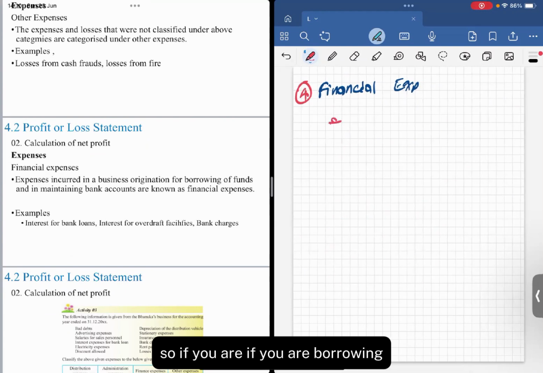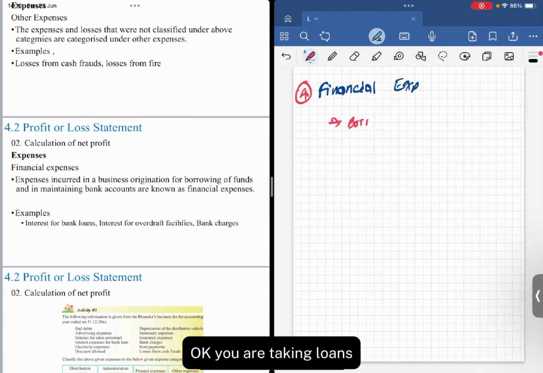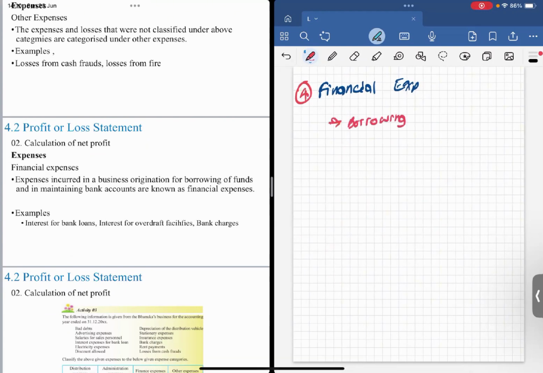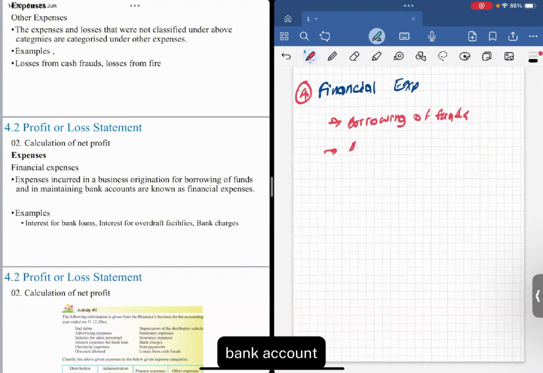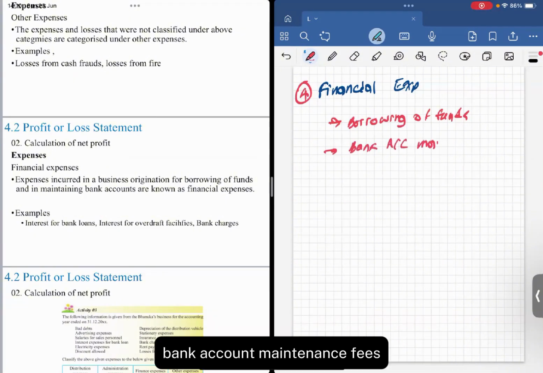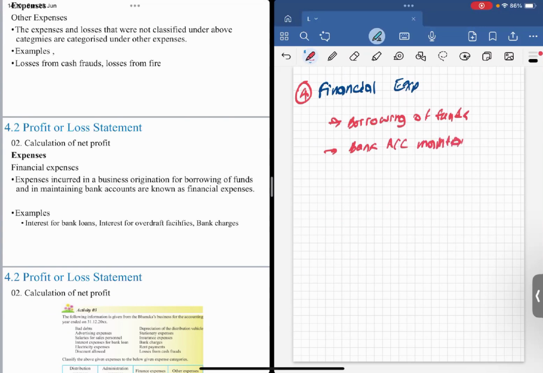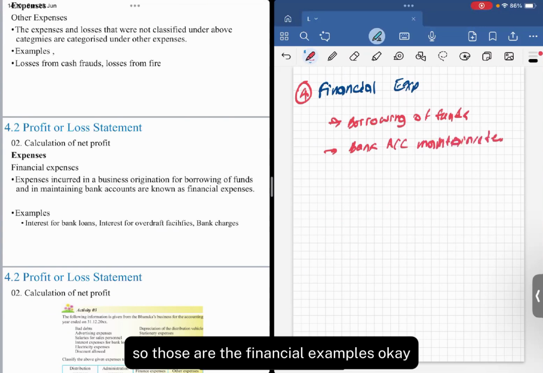So if you are borrowing, you are taking loans, borrowing of funds, and you also have bank account maintenance fees. So those are the financial expense examples.